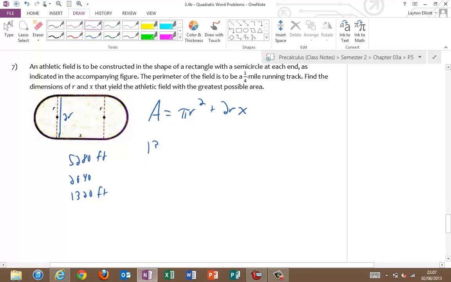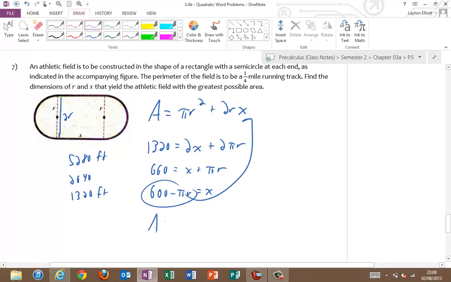So since we're going to assume that we're going to talk in feet, I'm going to say 1320 is equal to the perimeter, that'd be 2x plus 2 pi r. That means I can cut that equation down into 660 is equal to x plus pi r. And if I do 660 minus pi r, I can set that equal to x and substitute that in.